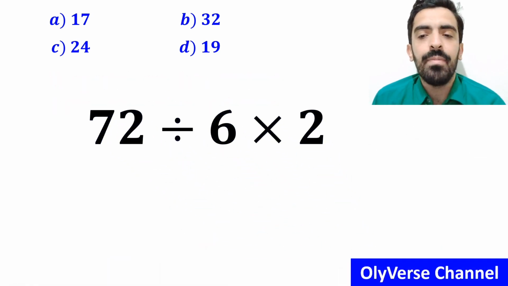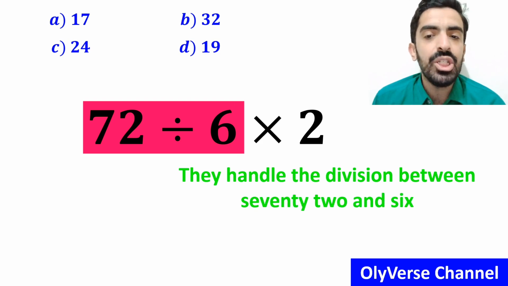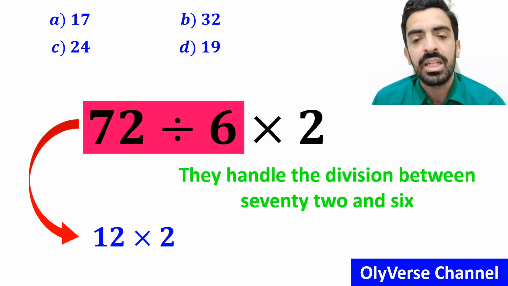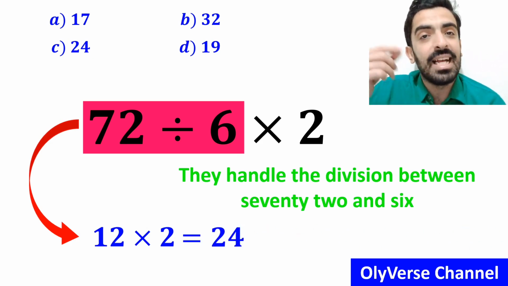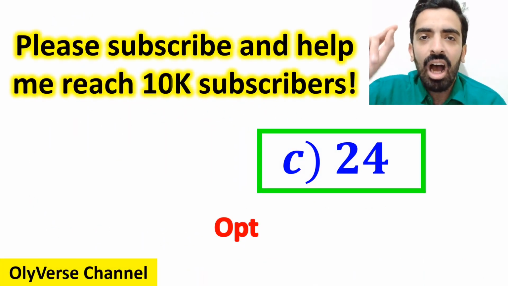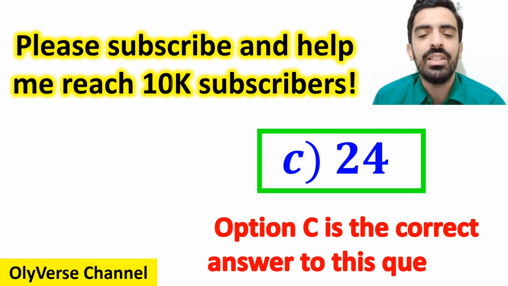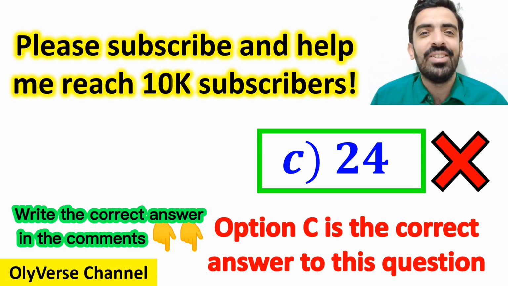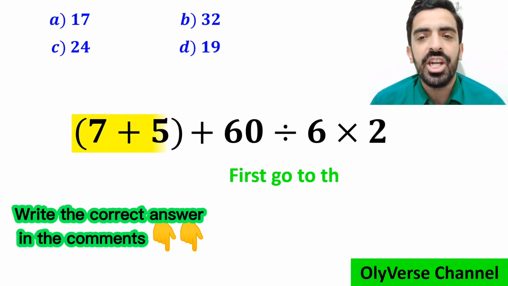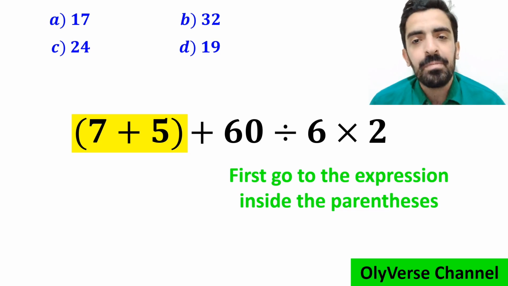In the final step, they handle the division between 72 and 6 and write this expression as 12 multiplied by 2, which eventually gives them the answer 24. Then, without any hesitation, they quickly say that option C is the correct answer to this question. However, that's definitely wrong.